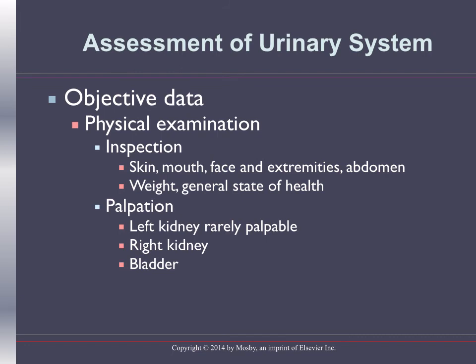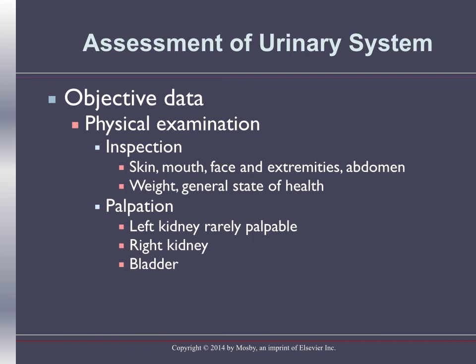You will look at the general state of health and weight gain, if there is any weight gain secondary to edema, weight loss, or muscle wasting. You will also see for any fatigue, lethargy, diminished alertness.